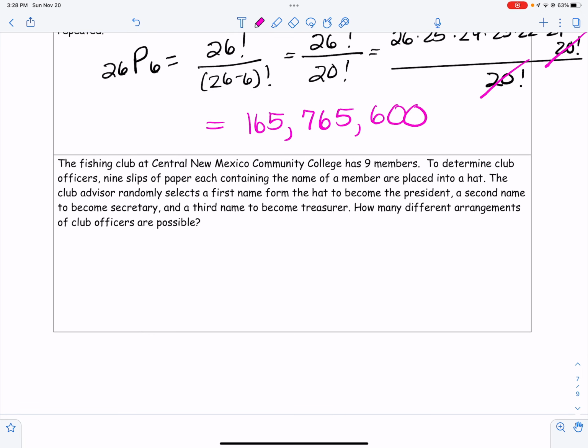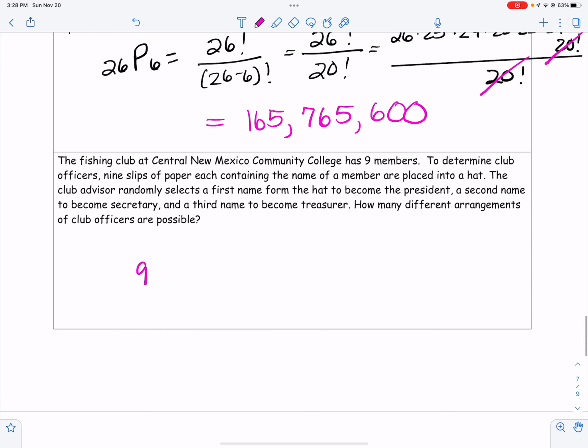All right, let's try this one. We are trying to determine club officers, 9 slips of paper containing each member's name, and we are randomly choosing a president, a secretary, and a treasurer. So we've got 9 members, and we are choosing 3 positions.